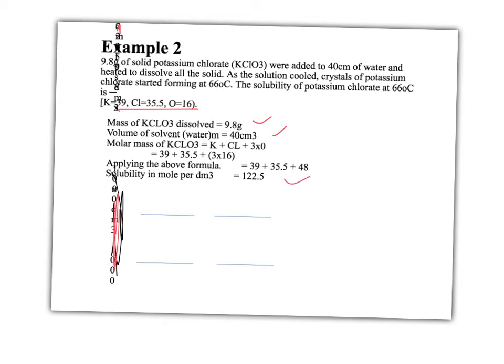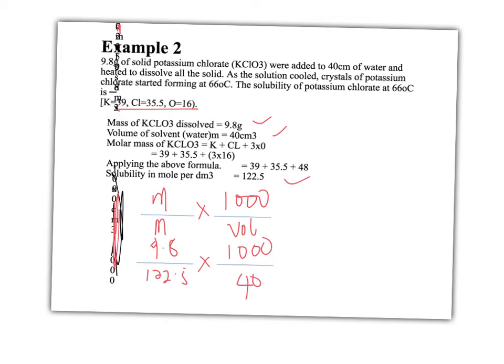So if you plug it in, it's mass of the solute over the molar mass times 1000 over the volume. So it says 9.8 all over 122.5 times 1000. The volume of water given is 40.